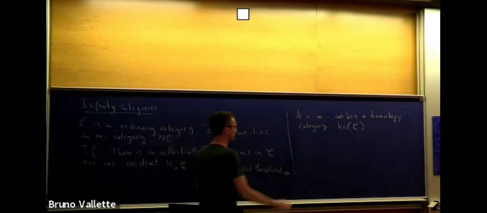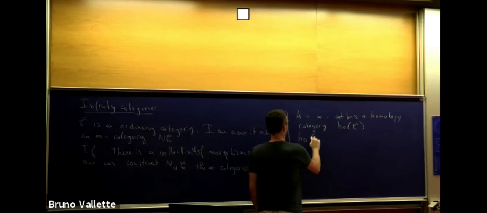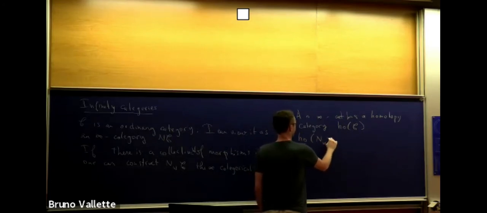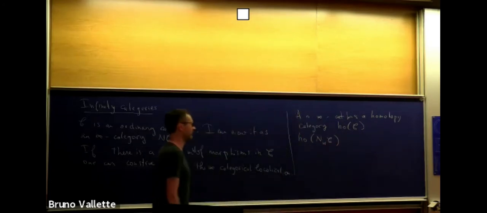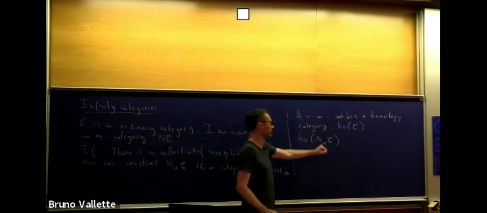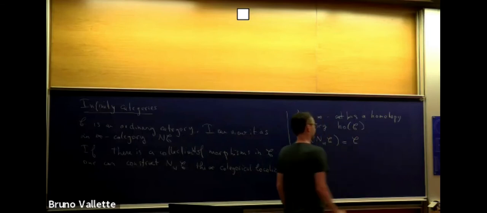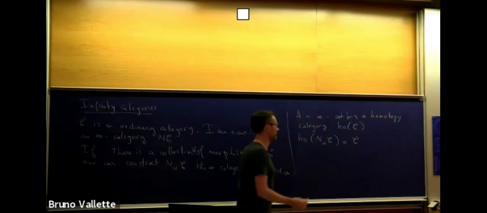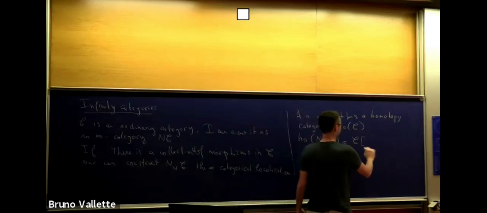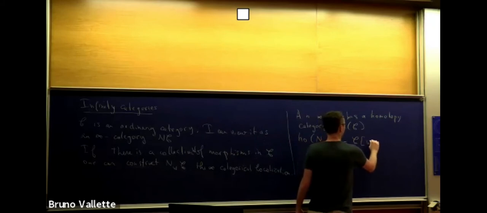And as you might expect, the homotopy category of the localization of some one-category at a class of morphisms will be just the one-categorical localization, something that's usually called C with W inverted.